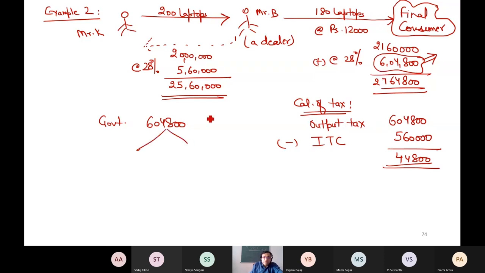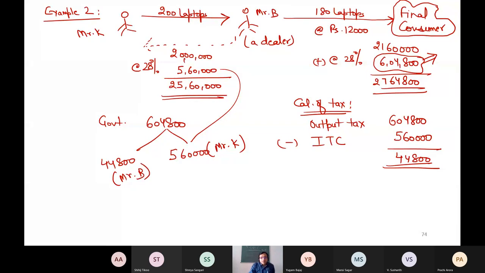Out of 604,800, if you understand, 560,000 is paid to the government by Mr. K and this remaining balance 44,800 will be paid to the government by Mr. B. So technically government is not losing anything. Government wanted to collect 604,800, they collected through two different people. That is the only point.